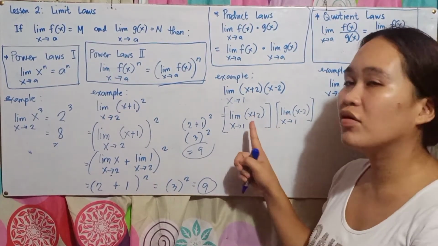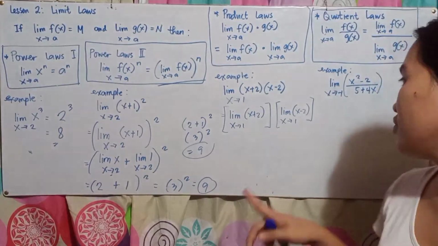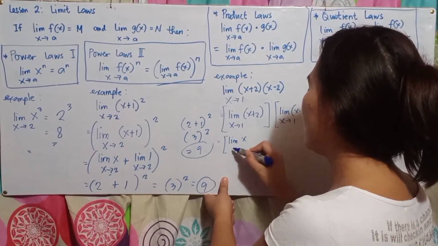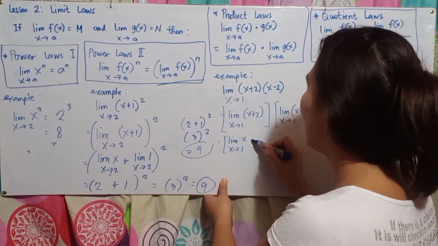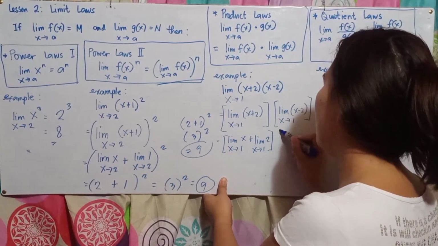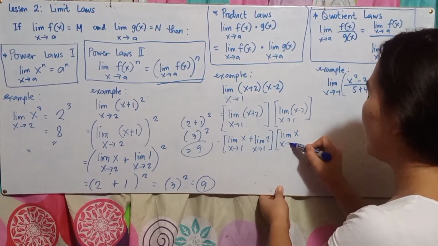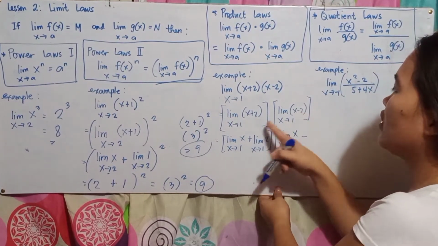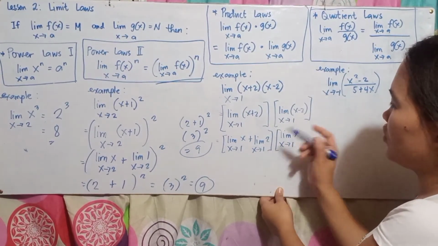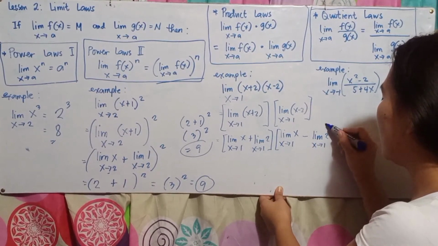Next, you can use the identity law or the constant law here. So, the limit of x as x approaches 1 plus the limit of 2 as x approaches 1. Here, the limit of x as x approaches 1 minus the limit of 2 as x approaches 1.